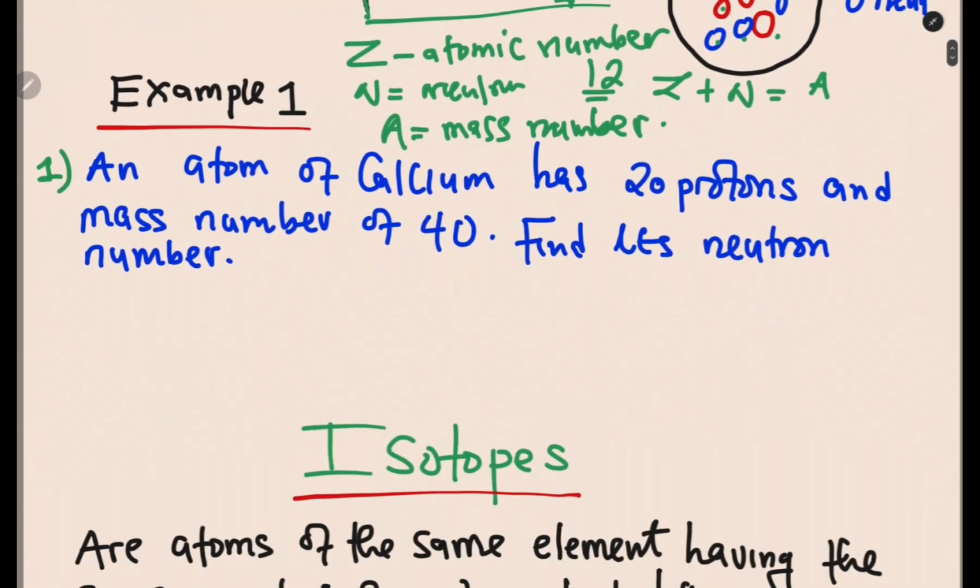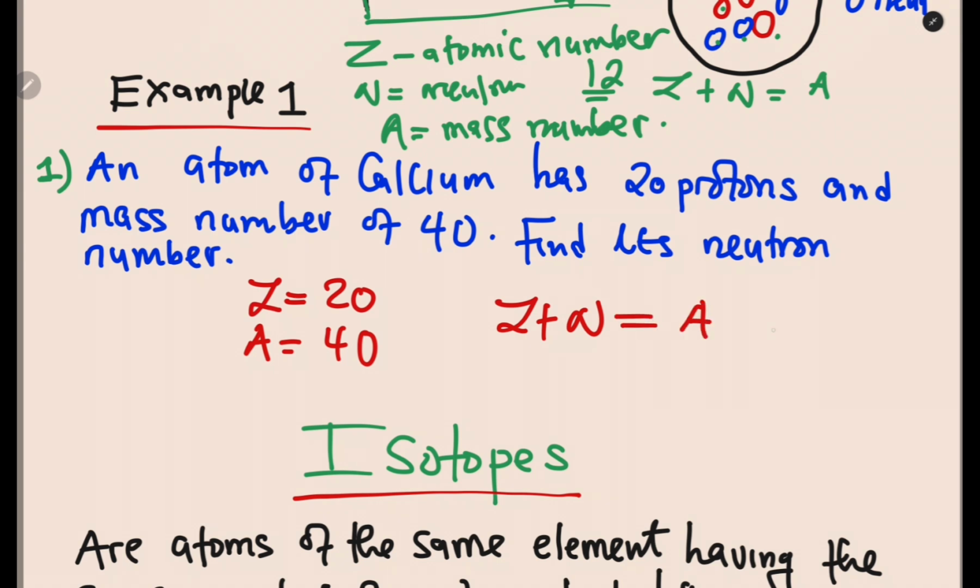Here is a question: an atom of calcium has 20 protons, so already we know that Z is equal to 20, and a mass number of 40, so A is equal to 40. Find its neutron number. Just write this formula: Z plus N is equal to A. You replace: Z is 20, plus what are we finding?